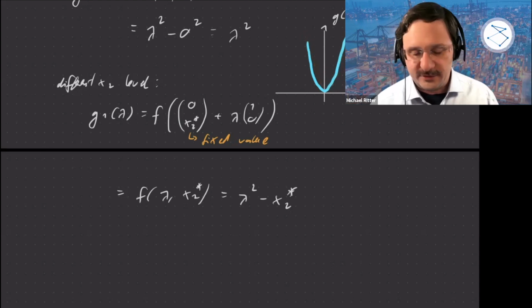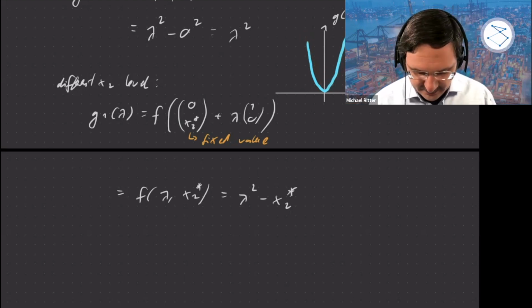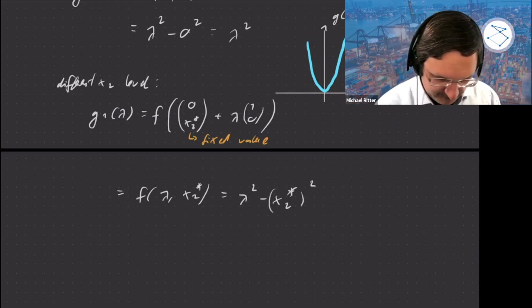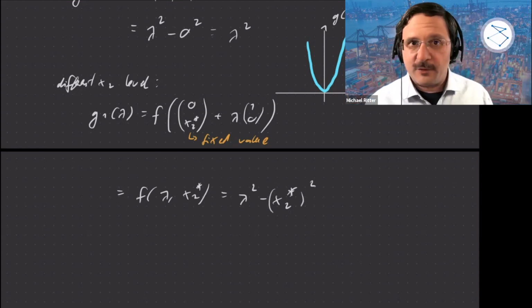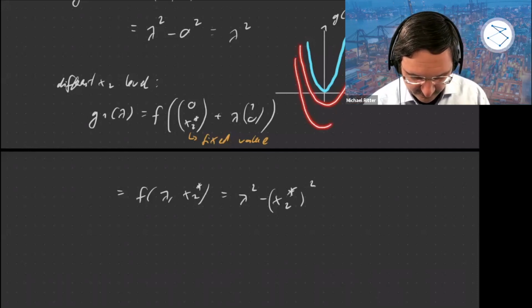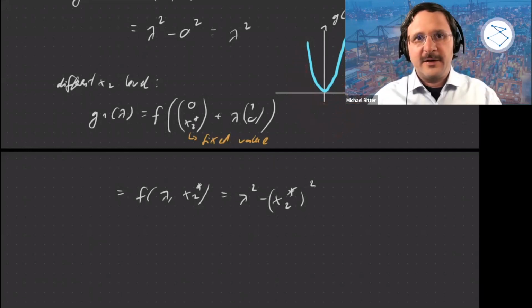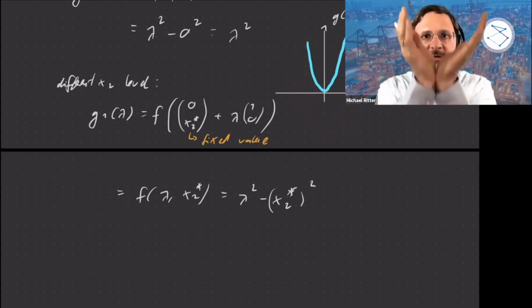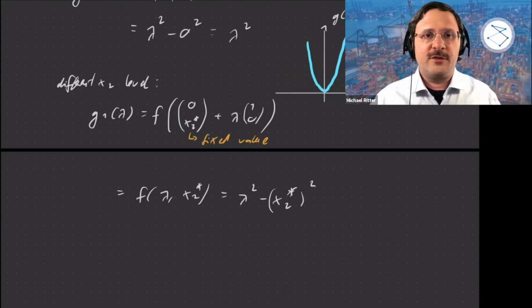That corresponds to x2 star equals 0. Sorry, I forgot the squared here. But we get a parabola that is slightly shifted downwards, like this, or this, or this, right? So basically, it always looks like this parabola, but it shifts according to the x2 value that we fix.